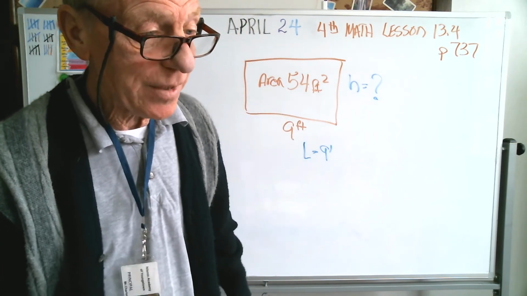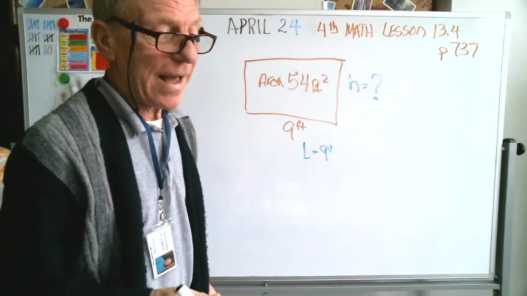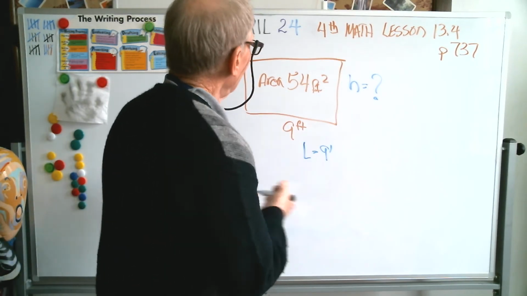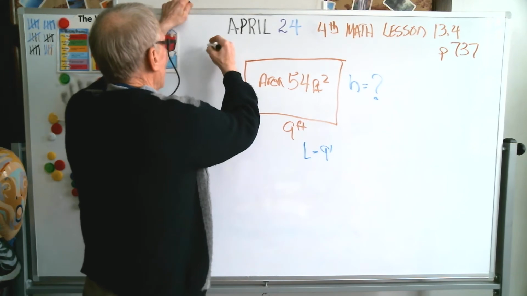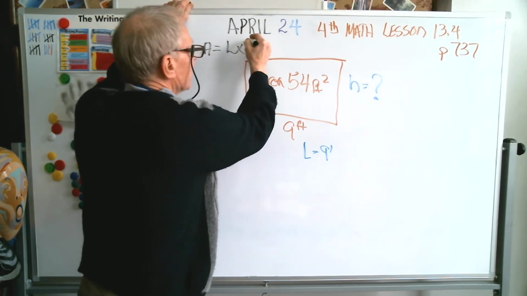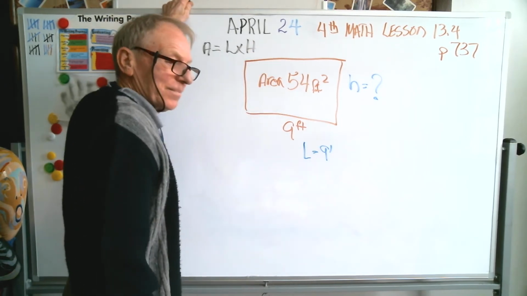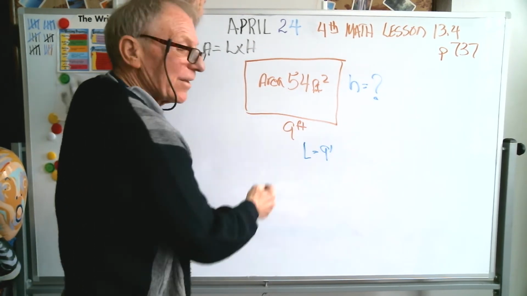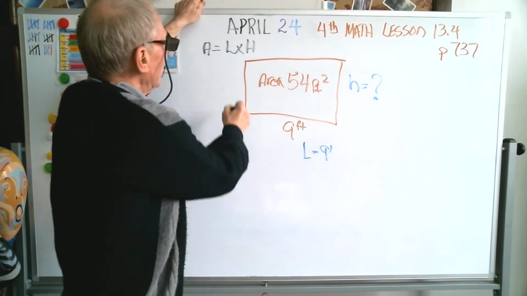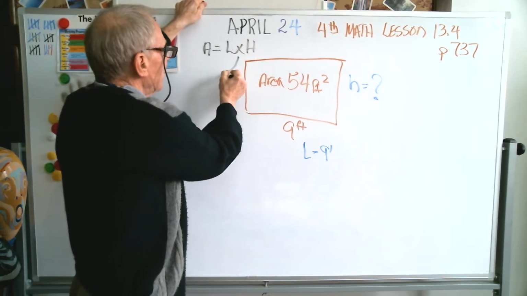It's really pretty simple. We know that the formula for area, remember that? Area equals length times height. We know what the length is. We don't know what the height is. And we know that this is a multiplication.